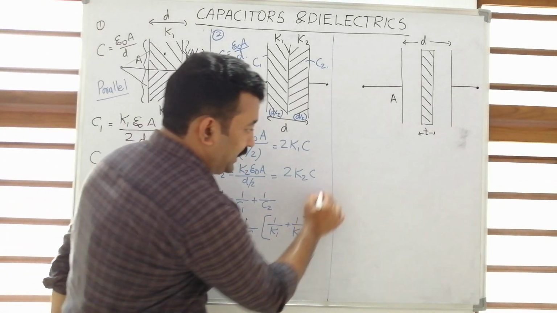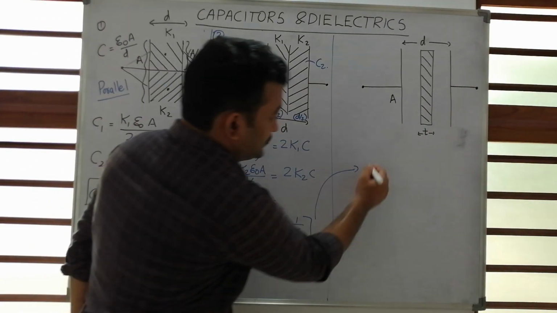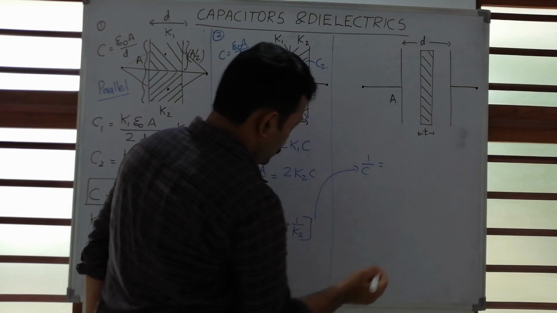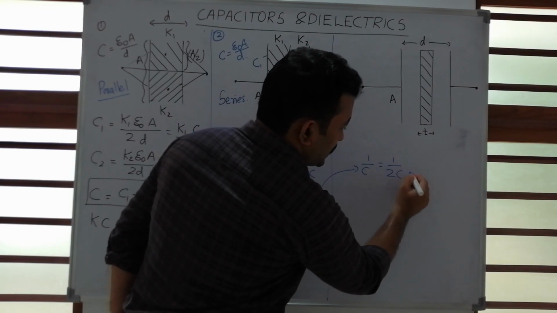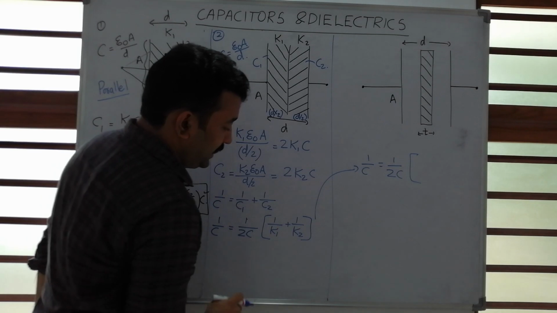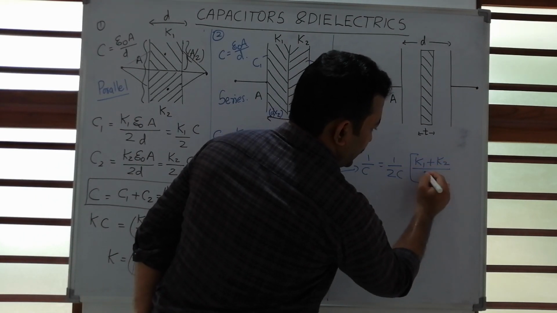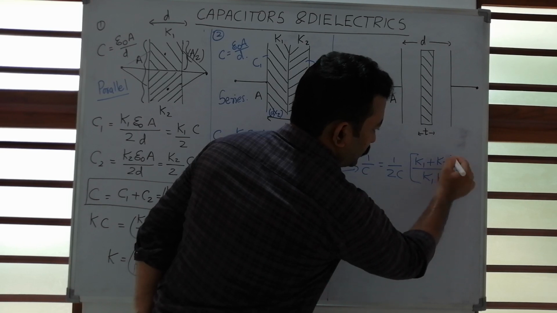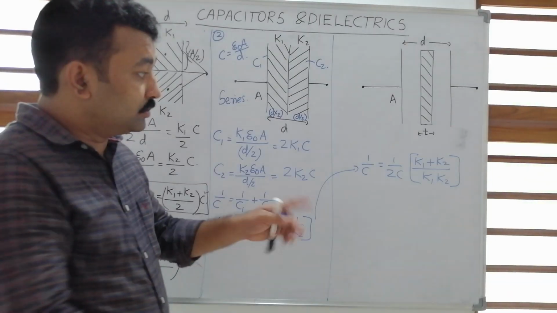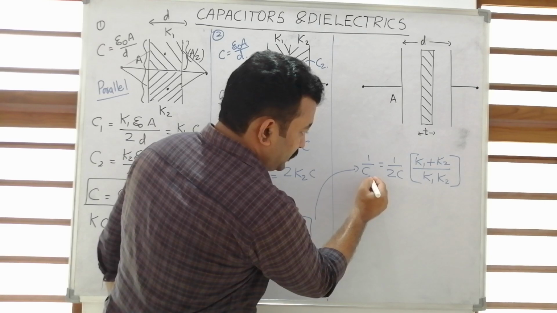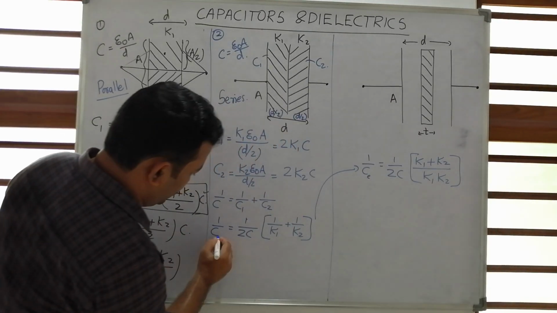I am taking this side for solving. So 1 by C is equal to 1 by 2C, cross multiplying, this will become K1 plus K2 divided by K1 K2. Taking the reverse, this is the effective value.